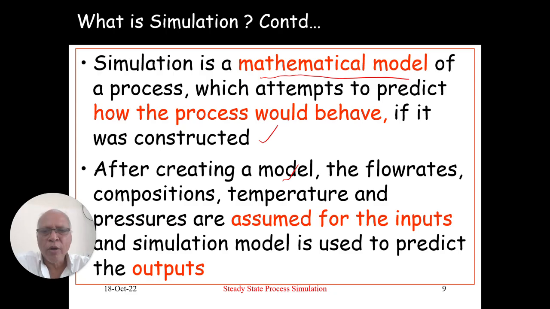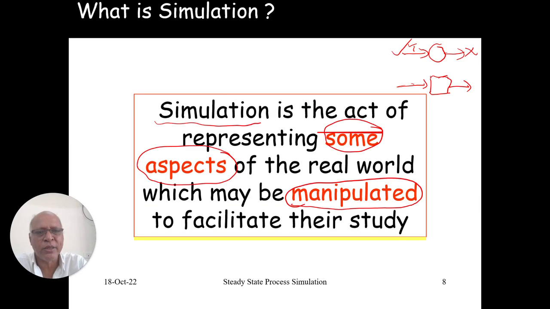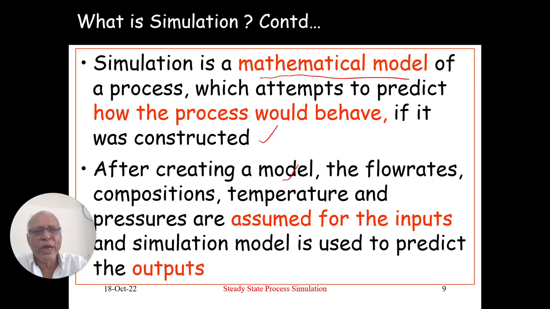So this is what is meant by simulation. Earlier we simply said manipulation. Now this manipulation can be done with respect to flow rates, compositions, temperature, pressures or any such process variables with an objective of calculating its effect on a particular output or maybe on the entire set of outputs.